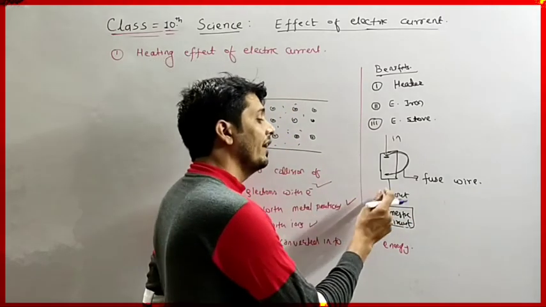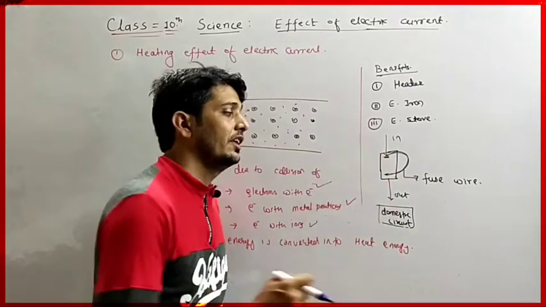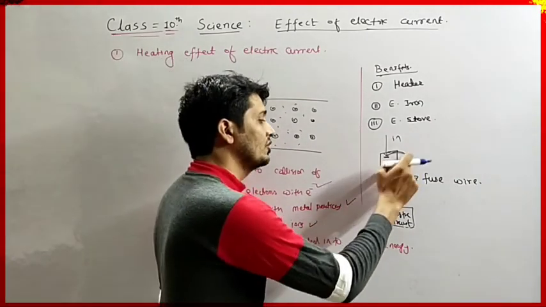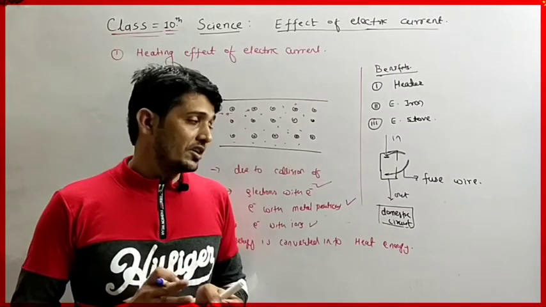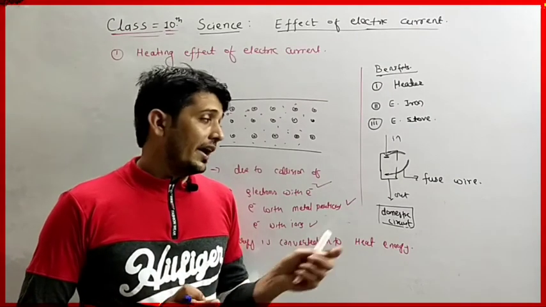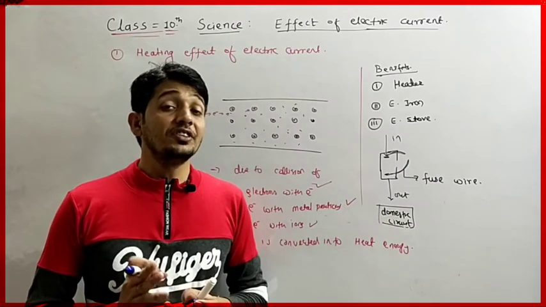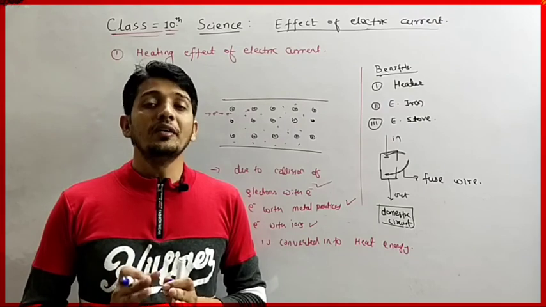Because when the heating effect of electric current is produced in this circuit, the fuse wire, which has the lower melting point, breaks down, due to which the flow of current in the domestic circuit stops, and the different electronic appliances are saved from being burned.